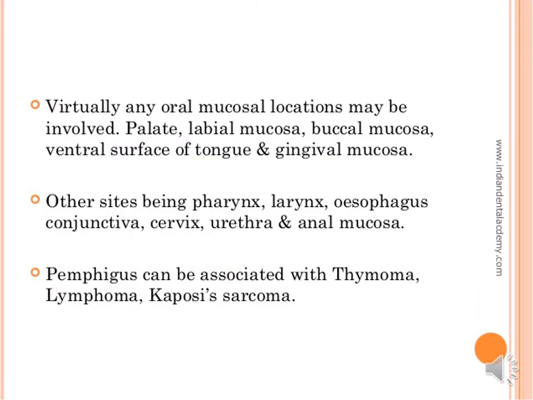Virtually any oral mucosal surface may be involved: lateral, labial mucosa, buccal mucosa, ventral surface of the tongue, and gingival mucosa. Other sites are the pharynx, larynx, esophagus, conjunctiva, cervix, urethra, and anal mucosa. Pemphigus can be associated with thymoma, lymphoma, and Kaposi sarcoma.